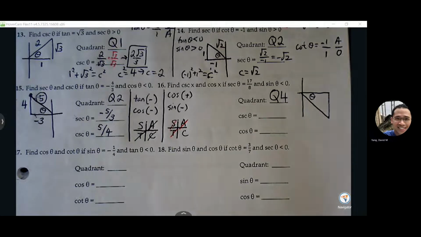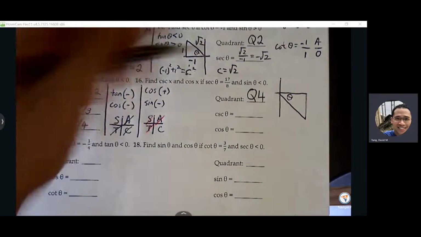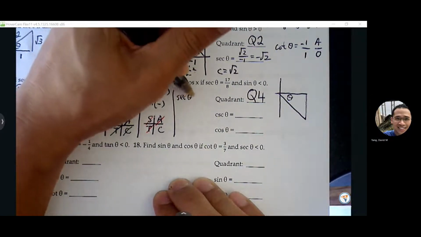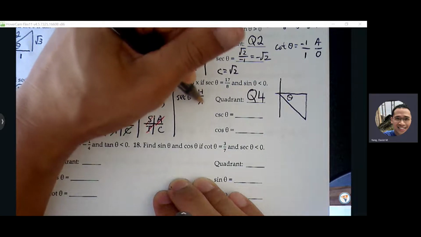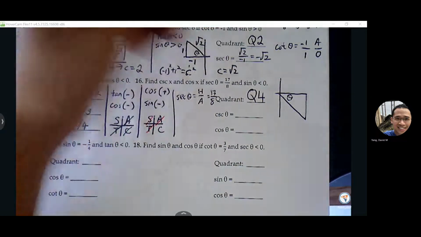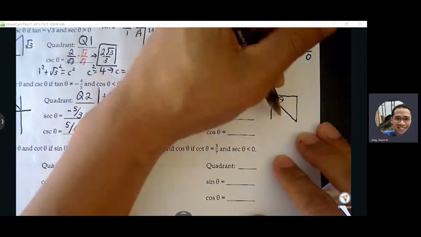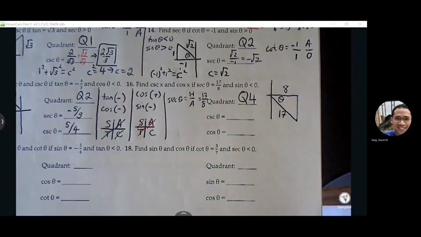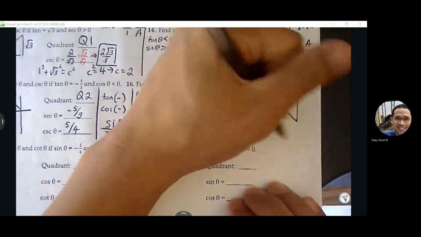Secant is hypotenuse over adjacent. So hypotenuse over adjacent. Pythagorean theorem.